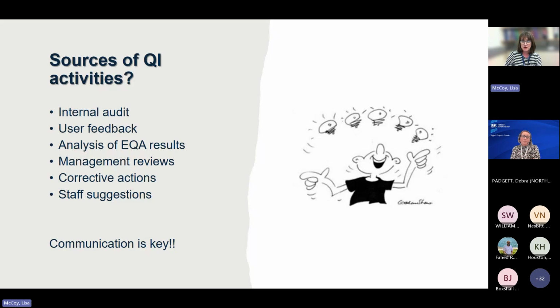Staff suggestions are really invaluable for quality improvement activities. And as managers within pathology services, we need to be fostering an environment where staff feel that they can bring forth their ideas and that those ideas will be listened to. So communication is really key, and getting all the staff within the department involved.